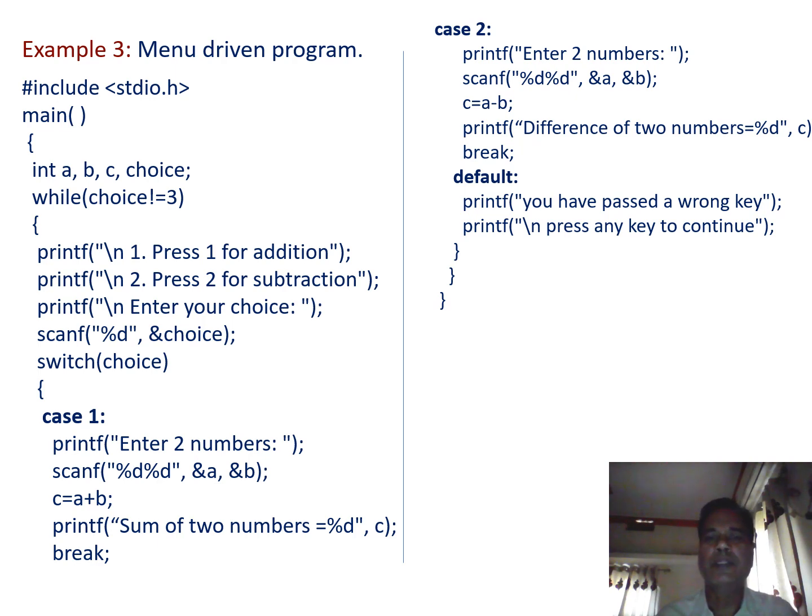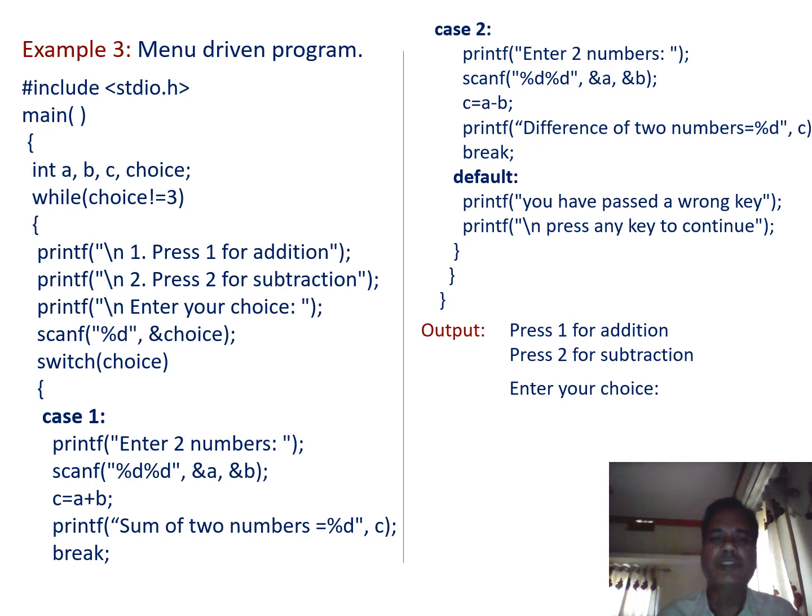When we run this program, we get the output like this. Press 1 for addition, press 2 for subtraction. Enter your choice. This is continuously displayed on the output screen. When we enter the choice like this and press the enter key, then this value is matched with the first case, and the code in this case is executed, and here the code is enter two numbers.